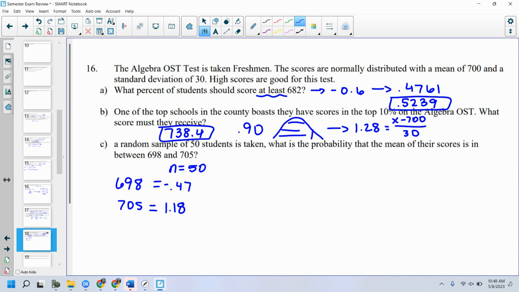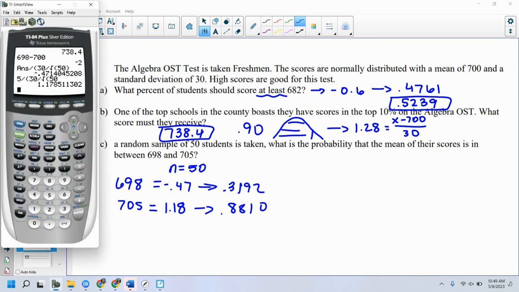Turn those into probabilities. So I've got negative 0.47, which gives me 0.3192. And 1.18, which gives me 0.8810. I subtract the two.